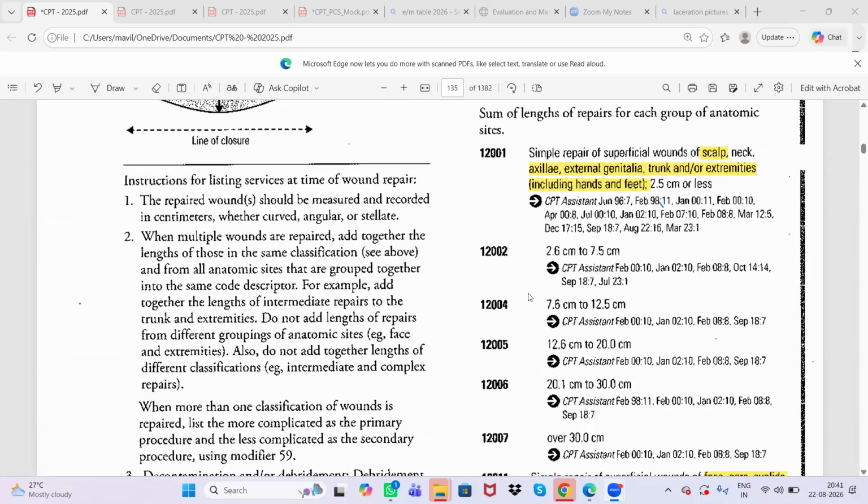Axilla 5 centimeters, face 5.5 centimeters. How are we going to code this? Individual codes like 12002.